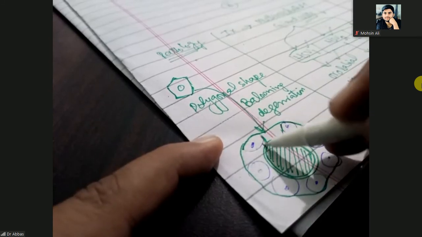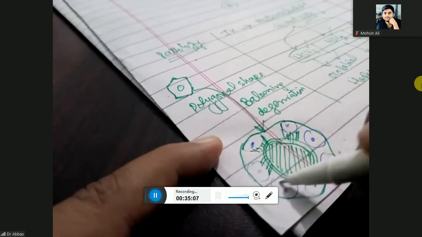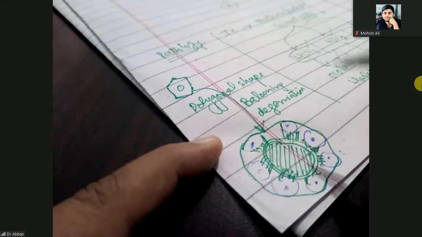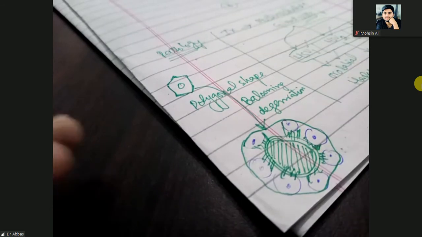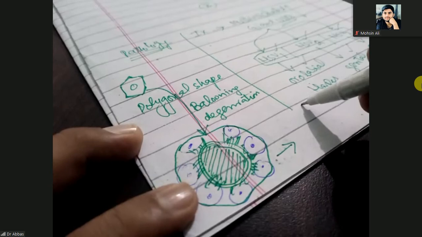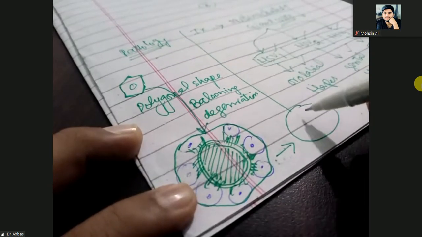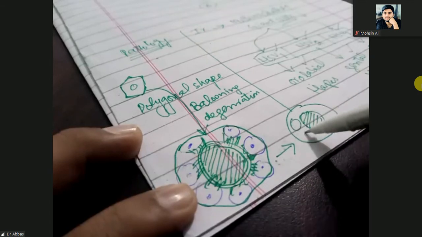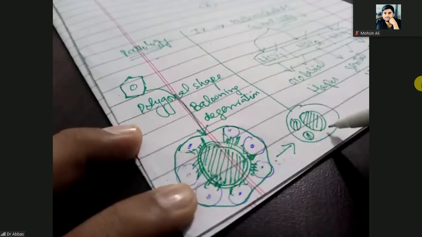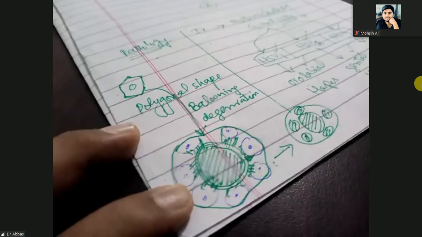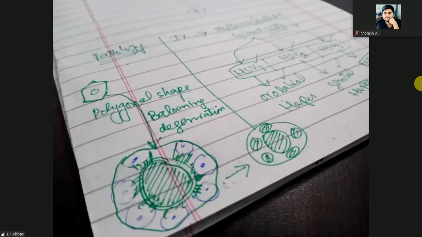They will fuse with this bigger nucleated ballooning cell. When they fuse, and you look under the microscope by the Tzanck smear, you will see it this way. This is the bigger nucleus of the infected cell, and other nucleus, other nucleus, other nucleus. Actually, these are the nuclei of the nearby or peripheral cells.